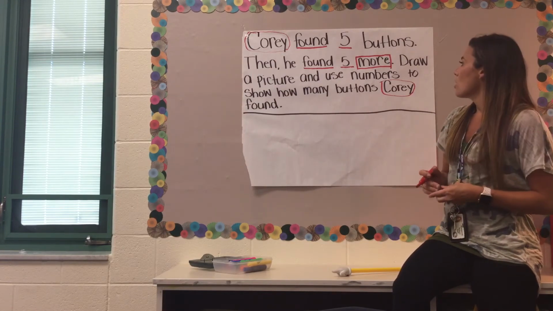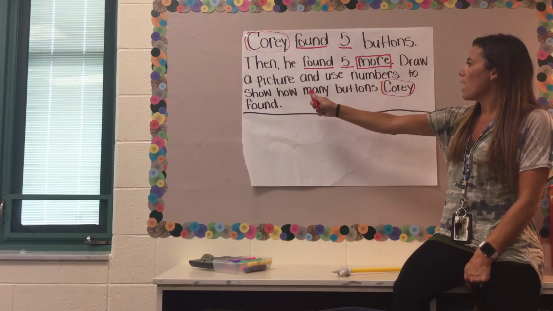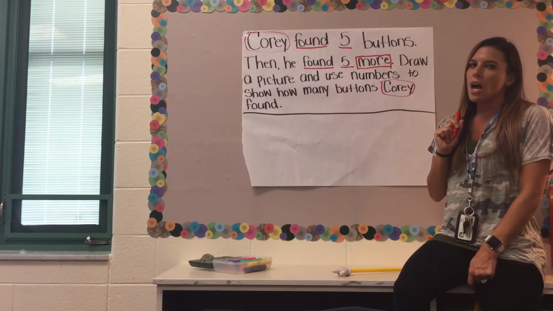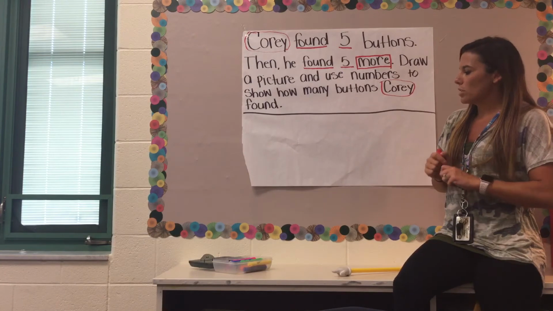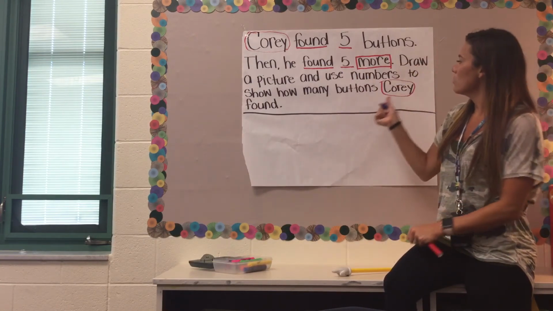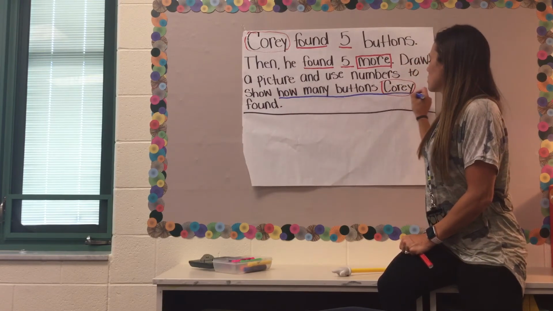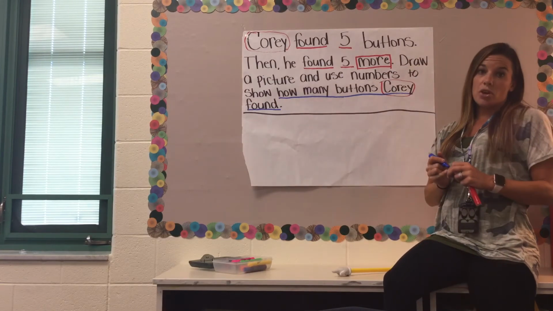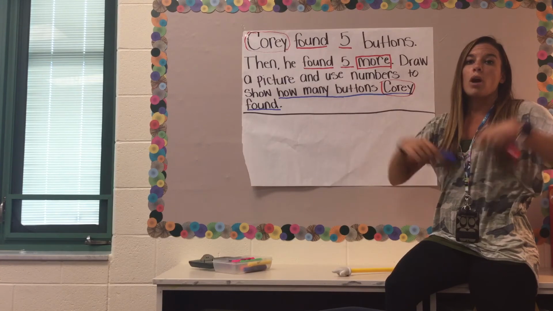Alrighty? So then it says, draw a picture and use numbers to show how many buttons Corey found. I'm not going to underline in red any of those words. I am going to get a blue marker though, and I'm going to underline the words, how many buttons Corey found. And the reason why I'm underlining those is because those words are going to tell us what we're solving.